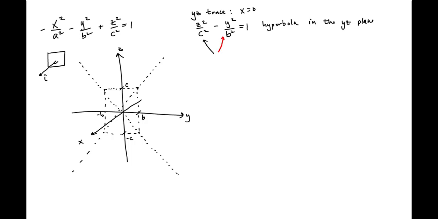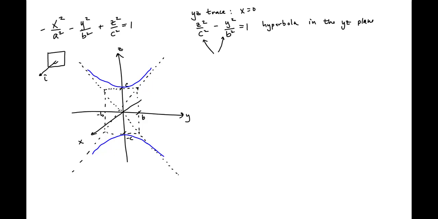That's what I remember from my second semester calculus class. With that said, I'm going to draw the two curves of this hyperbola in the YZ plane, and those two curves will look something like that, where those diagonal lines are asymptotes which our curves approach. Great, so we now have the YZ trace.